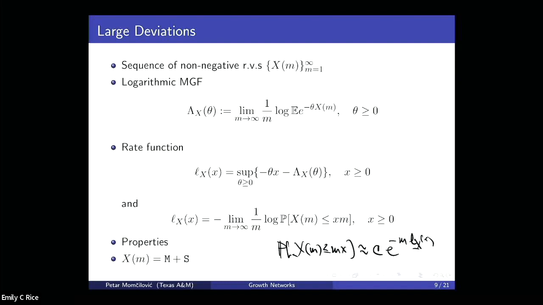That probability drops exponentially fast, and this function L characterizes how fast.